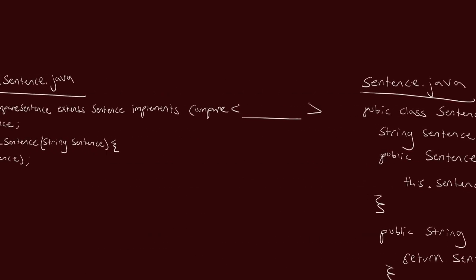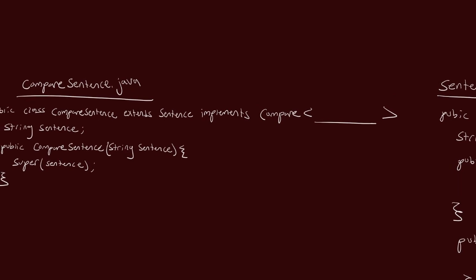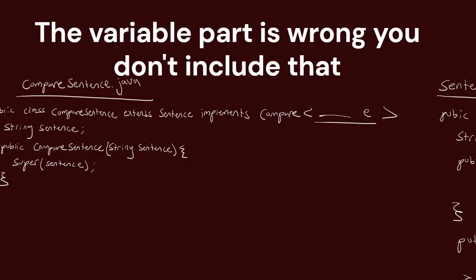So what you usually put is some kind of data type. For example, it could be integer, string, and then you put a variable to store it, for example e.